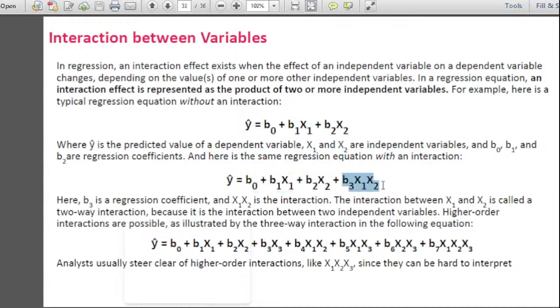So this is the impact of the interaction. Here b3 is the regression coefficient and x1x2 is the interaction effect. The interaction between x1 and x2 is called a two-way interaction because it is between two independent variables. There can be higher order interactions also, but we don't go into them because they create a lot of complication.